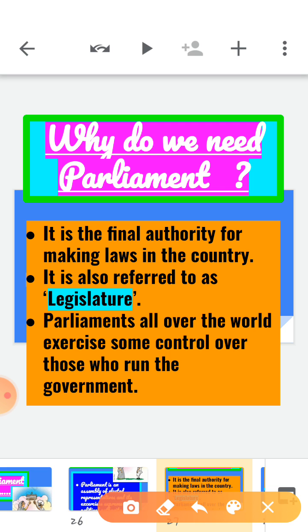Clear? Okay. So the question is, why do we need Parliament? As we already learned, what is Parliament? Children, in our country it is called Parliament, but at the state level it is called the legislature, or legislative assembly.